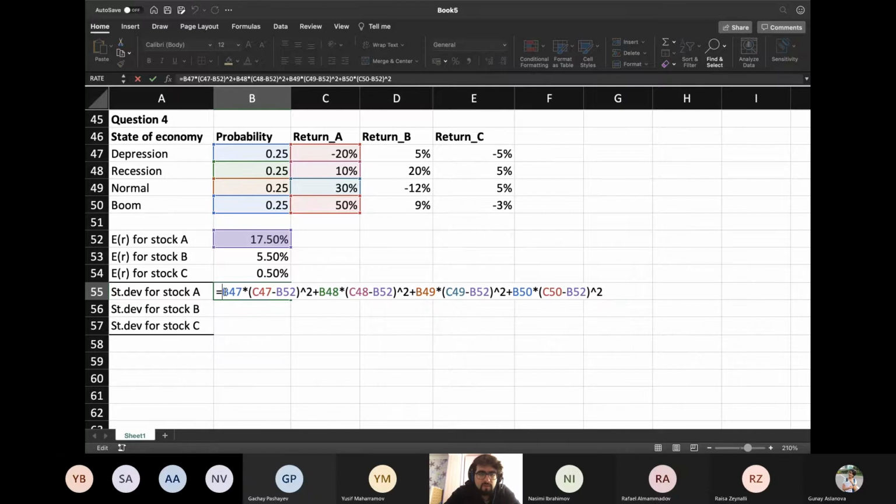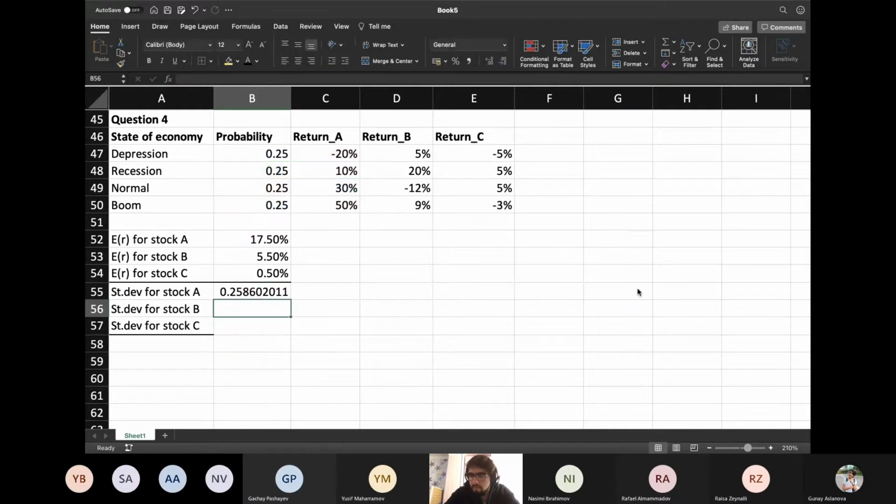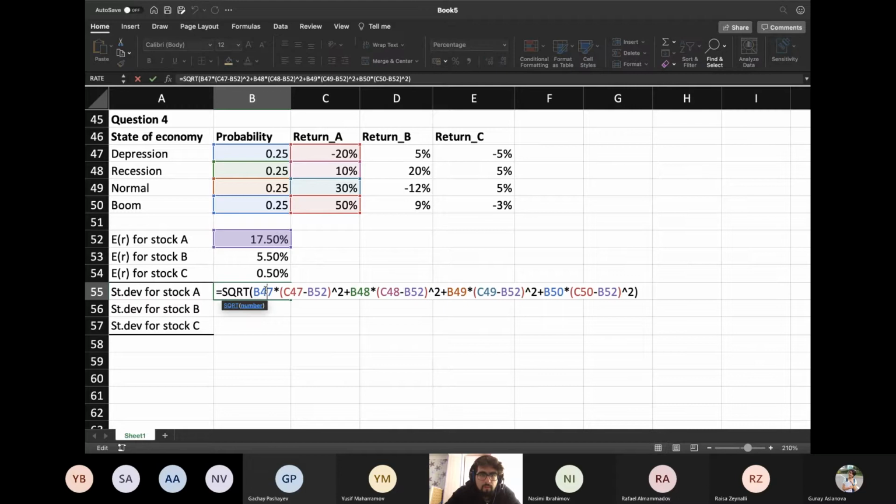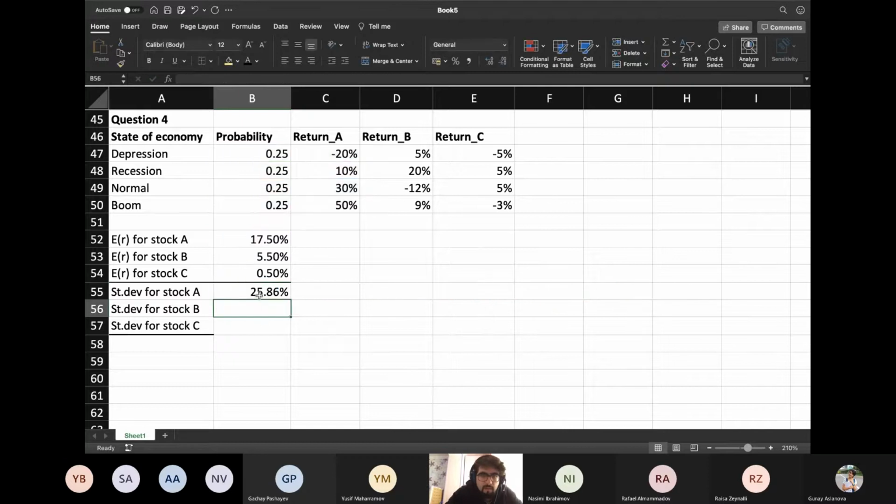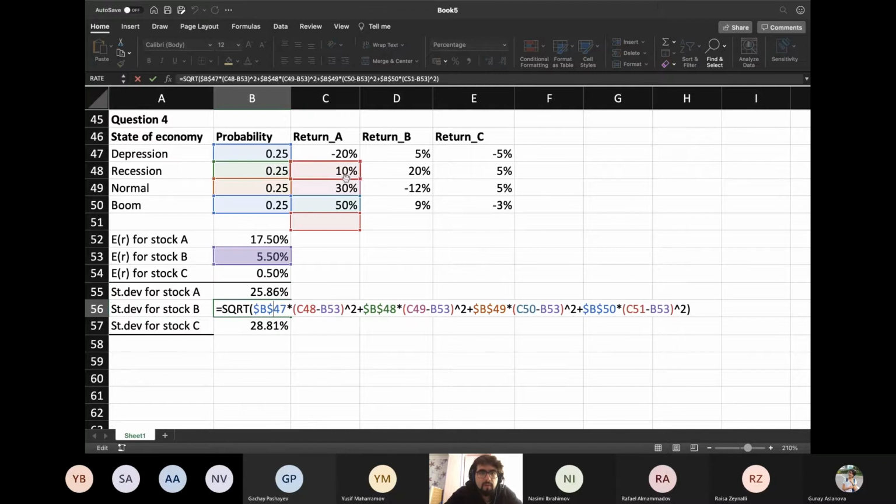They are the variances; for standard deviation, we take the square root of them. Let me fix the cells, probabilities, and drag them down.